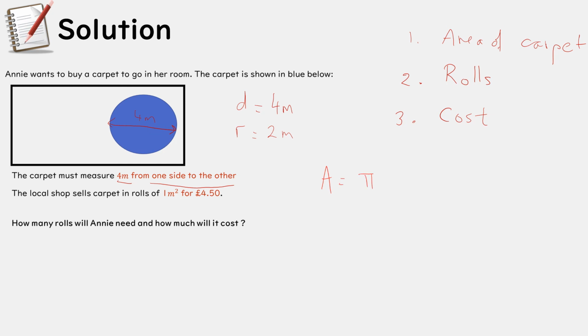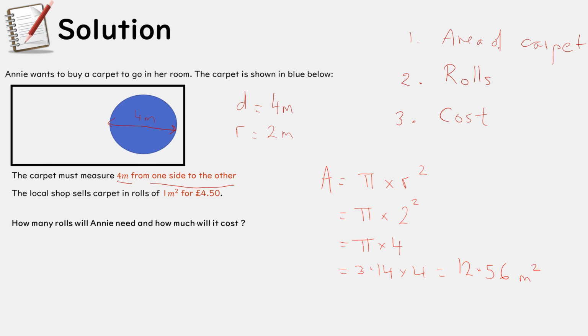Okay, so first step, area. Area of a circle, pi times radius squared, and we can plug in that we found that the radius was 2. Pi times 2 squared is pi times 4, and we're using 3.14 for pi. So actually we can find that 3.14 times 4 gives me 12.56, and that's going to be meters squared.